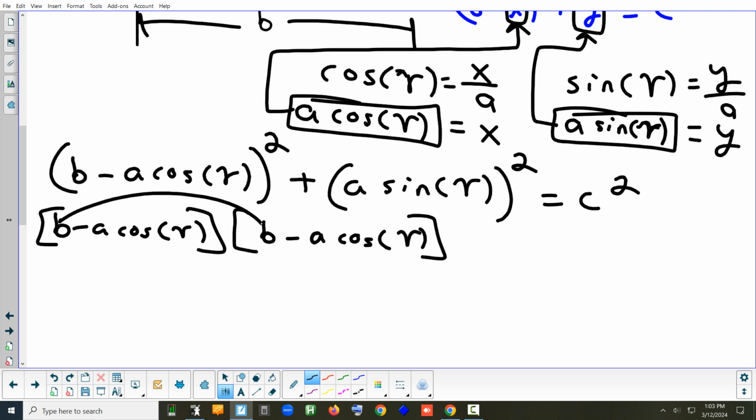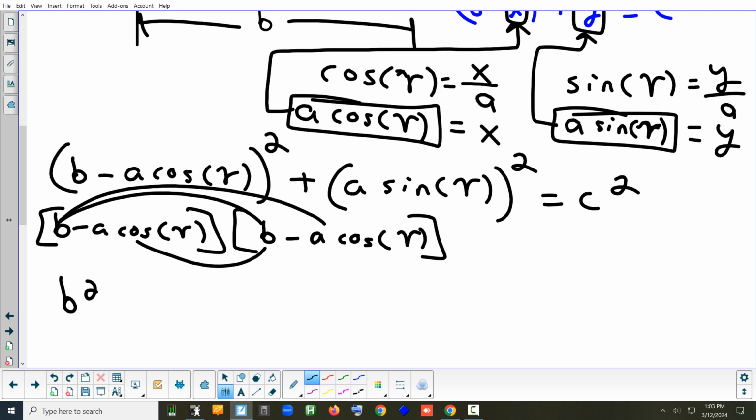So b times b is going to give me b squared. And then you're going to have b times negative a cosine gamma, and another b times negative a cosine gamma. So how many of the negative ab cosine gammas do we have?